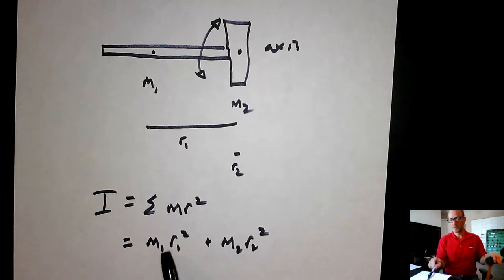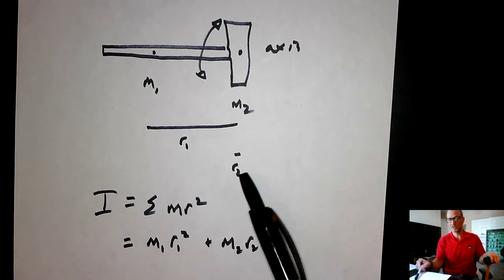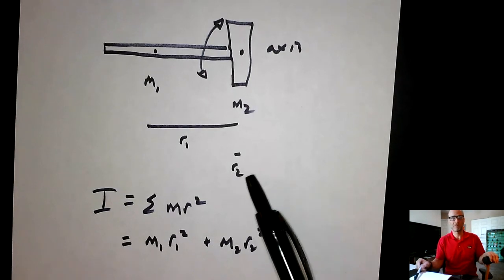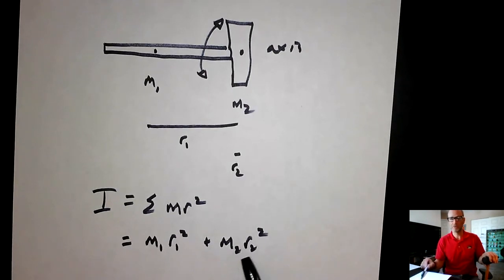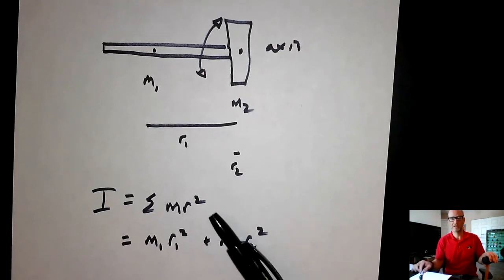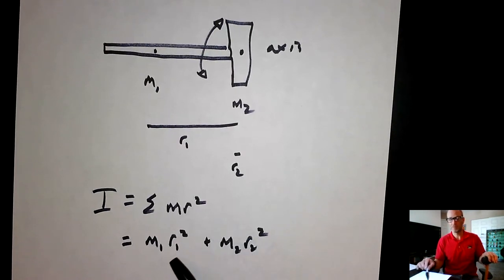So I've got two point masses. I use the same equation. Sum of m r squared, m1 times r1 squared, plus m2 times r2 squared. In this case, r2 is really small, maybe even 0. That means this component of that equation gets left out, or it's very small. And the only part that's going to contribute to moment of inertia will be the m1.